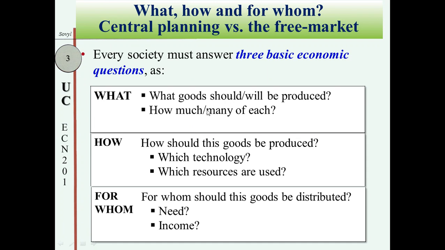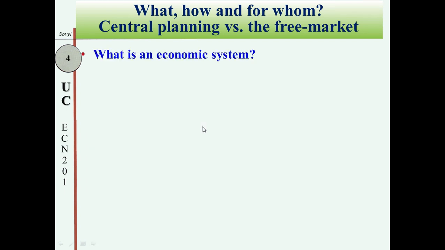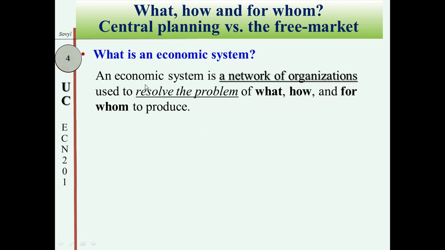In order to answer these questions, you need to understand yourself. So which economic system that your country is? Because economic system is a framework or a network of organization used to resolve the problem of what, how, for whom to produce.